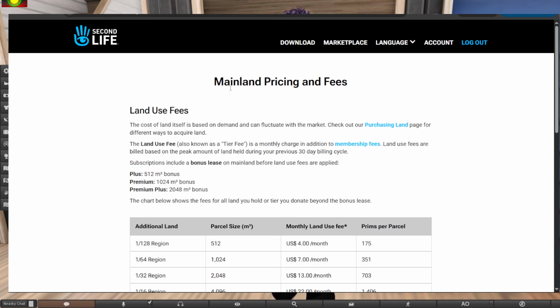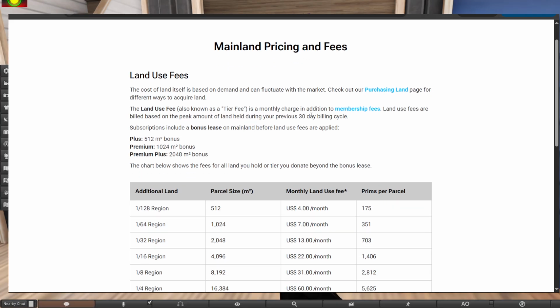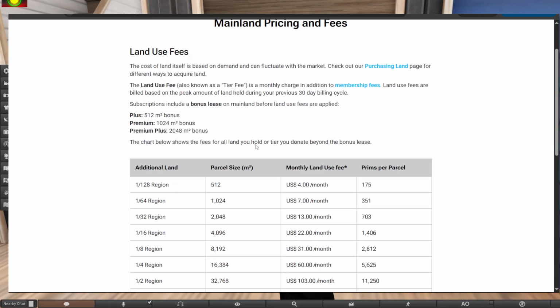Besides Mainland, they also have sims and regions that you can buy. If you're a member, you can buy one, but you're still going to pay them monthly to use the land. So you buy it, you purchase it, and then you pay a monthly, what they call tier, or a monthly land use fee. All right.